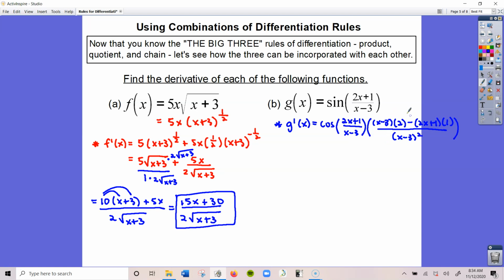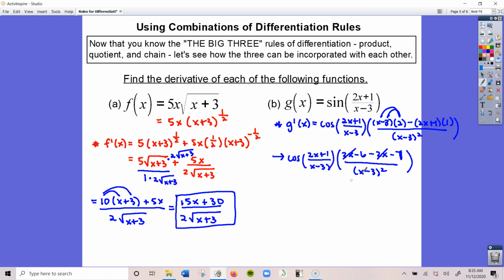The only thing that I can really work with is this numerator, and we can simplify this a little bit. So I'm going to distribute this 2, and we get cosine of 2x plus 1 over x minus 3, times 2x minus 6 minus 2x minus 1, sorry, over x minus 3 squared.